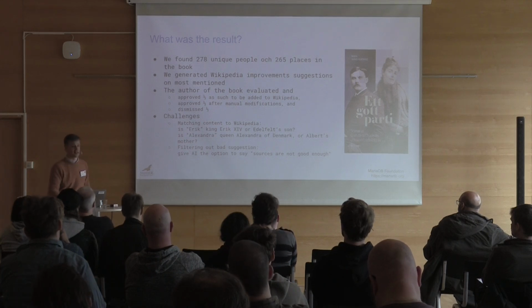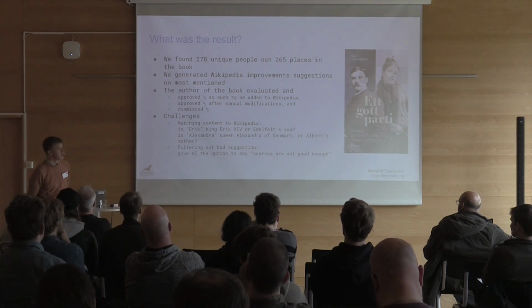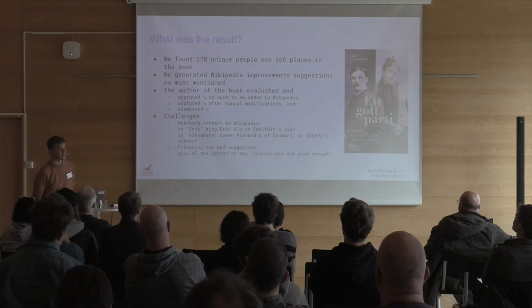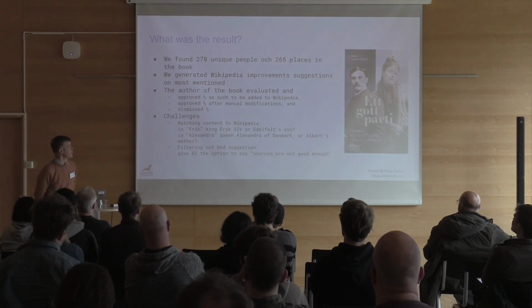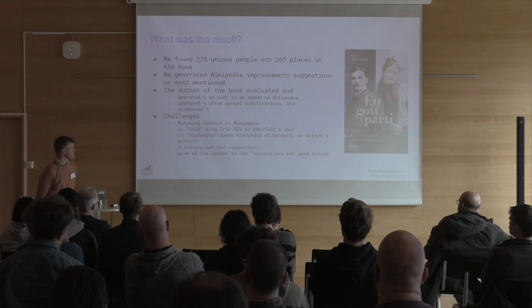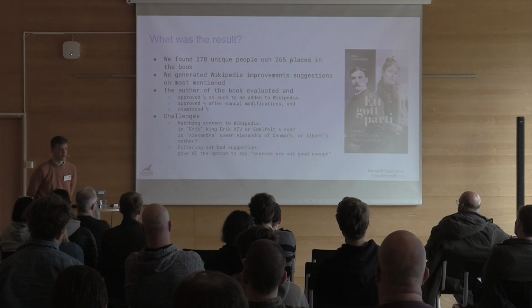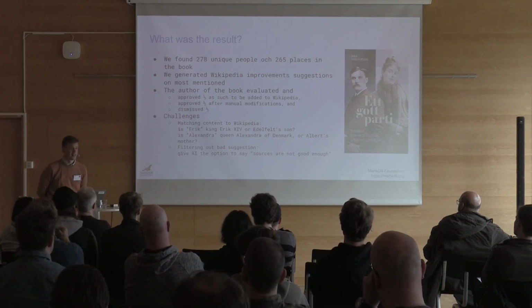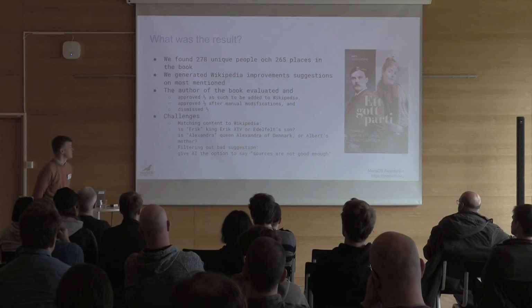So what was the result of this? We found 278 unique people and 265 places in the book. And then with the method I just explained, we generated Wikipedia article improvements on that. We actually had the privilege of having Maria Vainakurtakka, the author of the book, involved, so she could evaluate if these suggestions made sense.